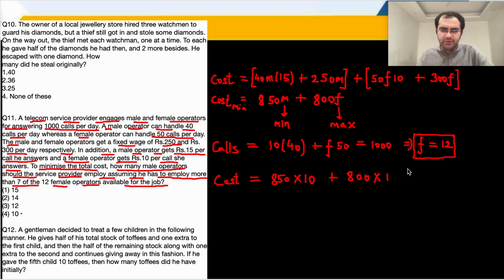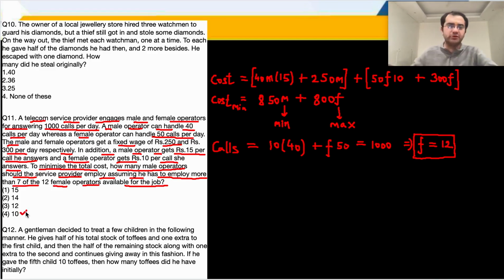At this point, I think we are done because your cost will be minimum when males are minimum and females are maximum. In this equation, the larger coefficient gets the smaller value. Smaller coefficient will get the larger value. So I just put in the value of m as 10 and I checked out f. It is acceptable, so the fourth option is correct.